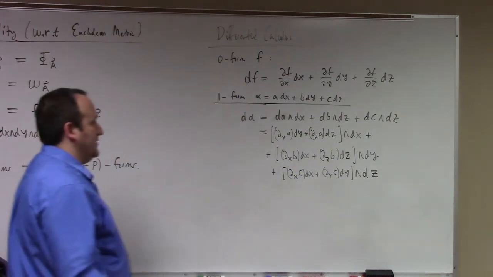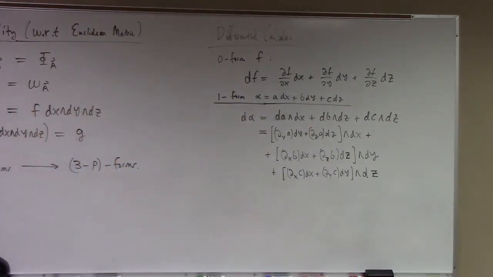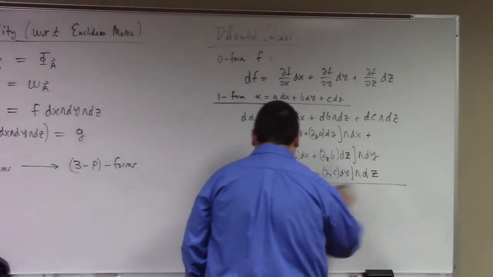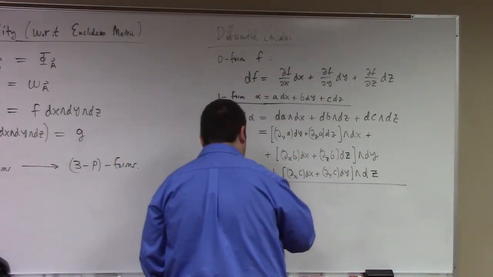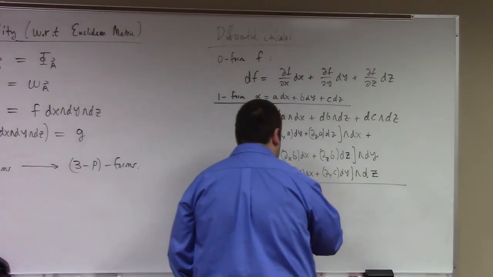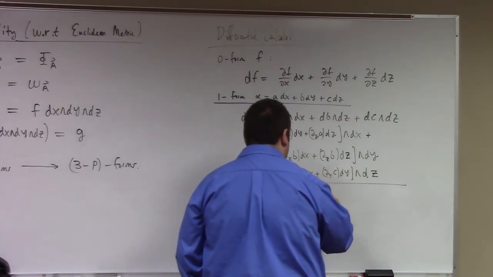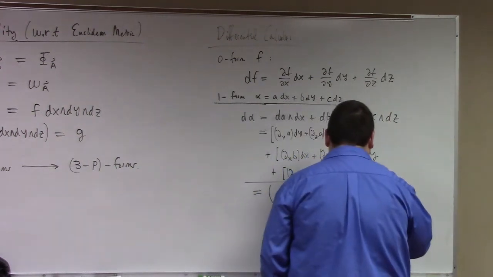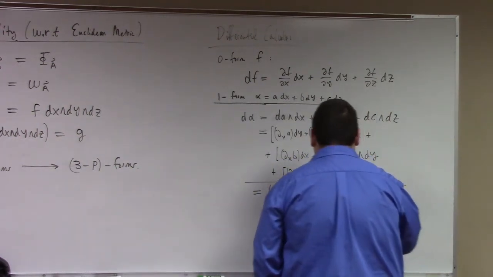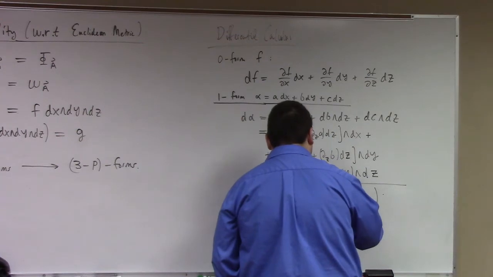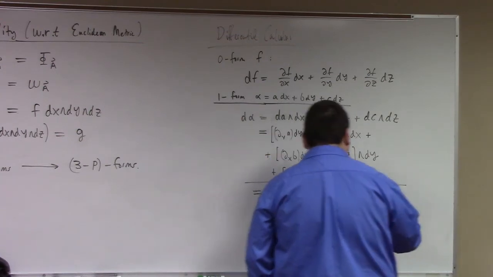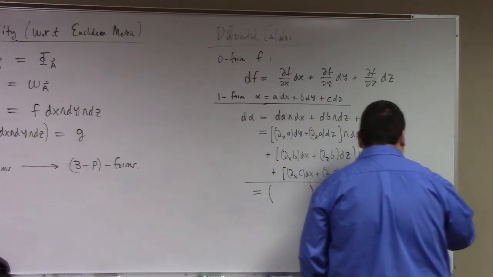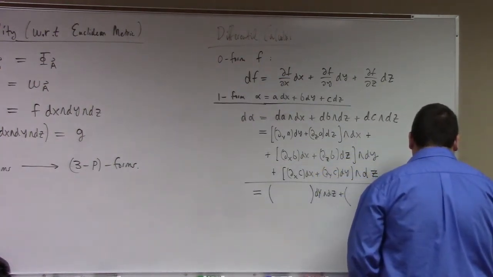So that is actually what it looks like in gory component level notation. Let's organize these things. It'll take us just a minute of our time. So you guys tell me what goes next to dy wedge dz, and then we want dz wedge dx, and then finally we want whatever goes next to dx wedge dy.